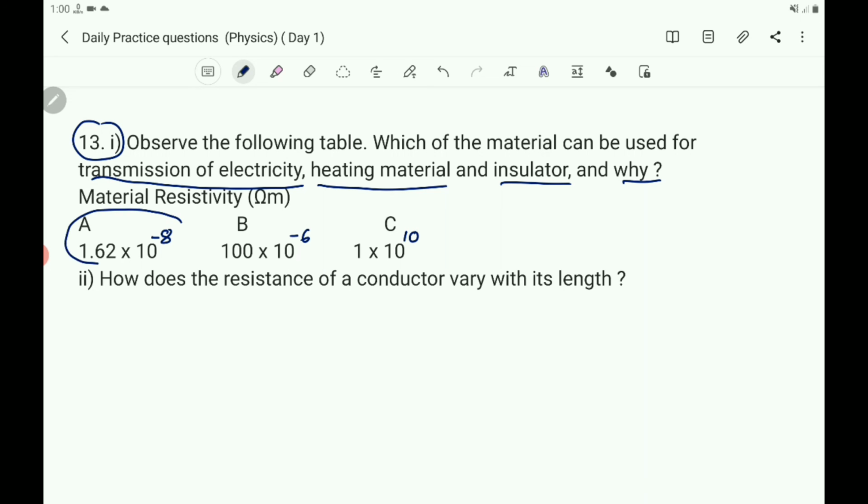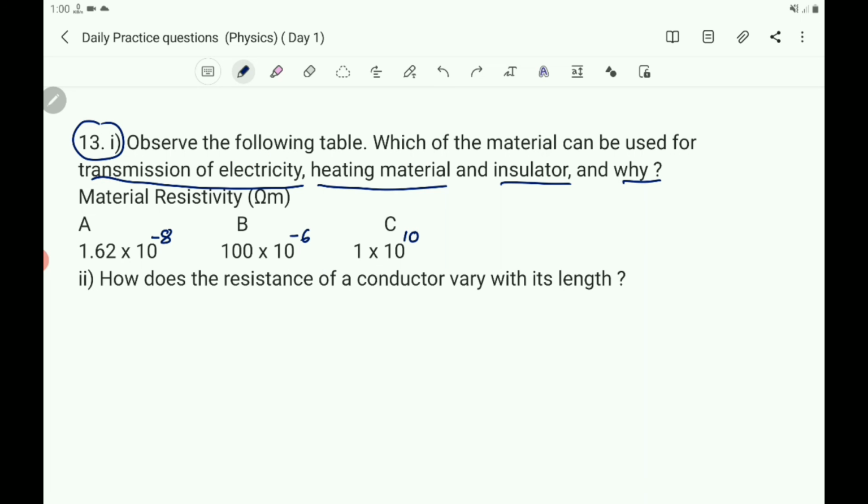A is a material with resistivity 1.62 into 10 power minus 8. B is a material with resistivity 100 into 10 power minus 6 ohm meter. And C is a material with resistivity 1 into 10 power 10 ohm meter.